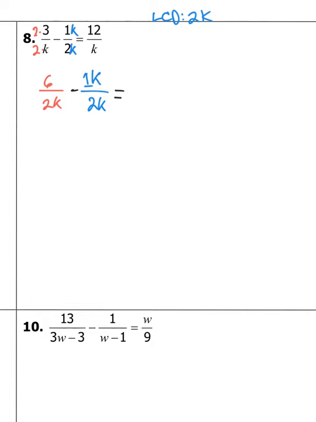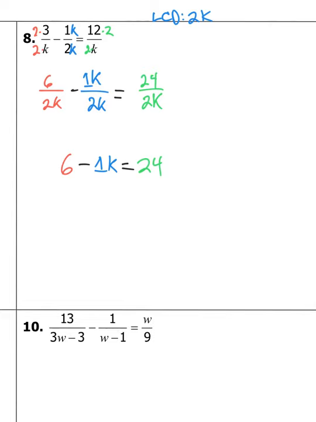And then here I would multiply this by 2, which means I need to multiply the top by 2. I get 24 over 2k. Again, because each of these are now the same, I can get rid of them. And I'm just left with 6 minus 1k equals 24.